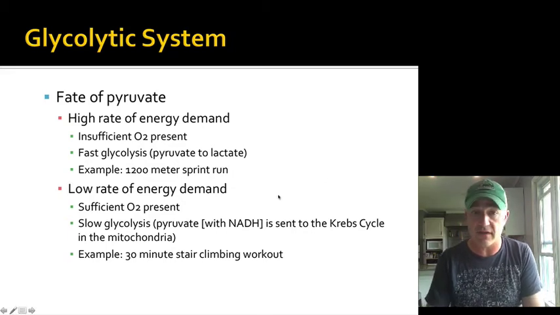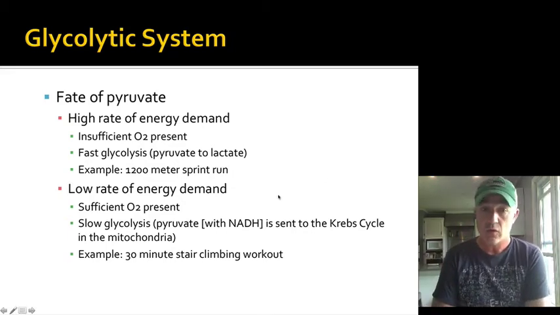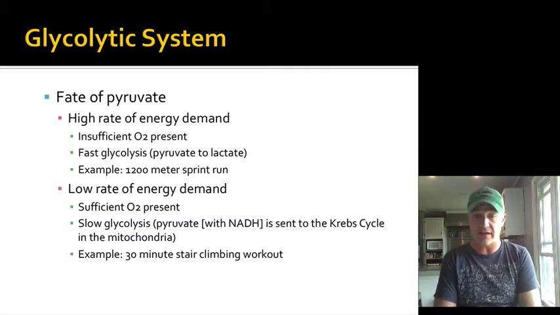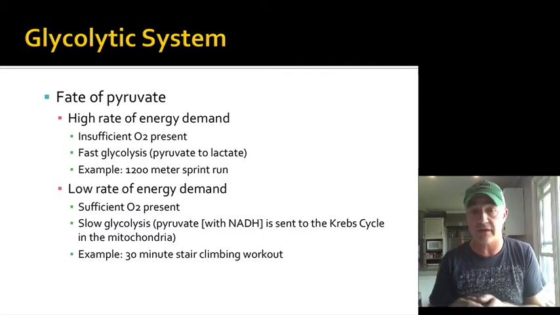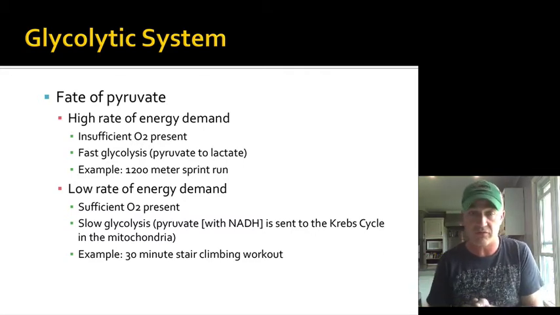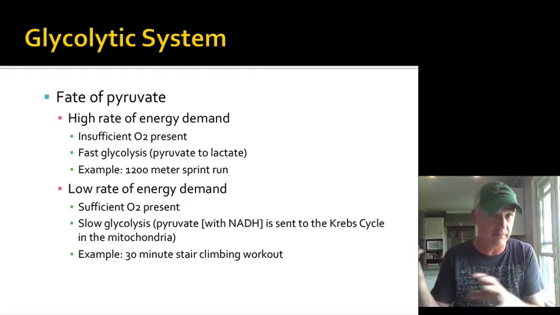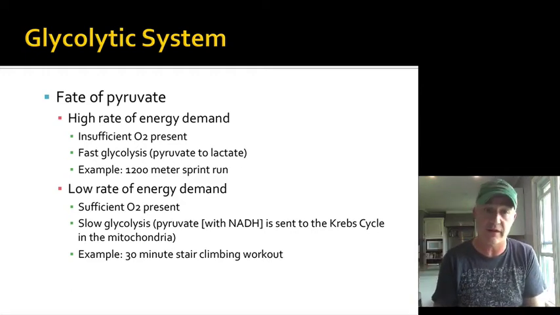Generally, if there's enough oxygen present, we are going to go into the Krebs cycle, the mitochondria, and we're going to convert this fully through those whole energy metabolic pathways to generate a lot more ATP.